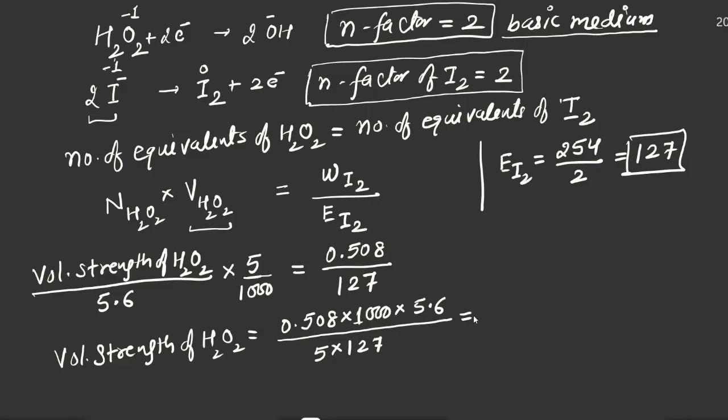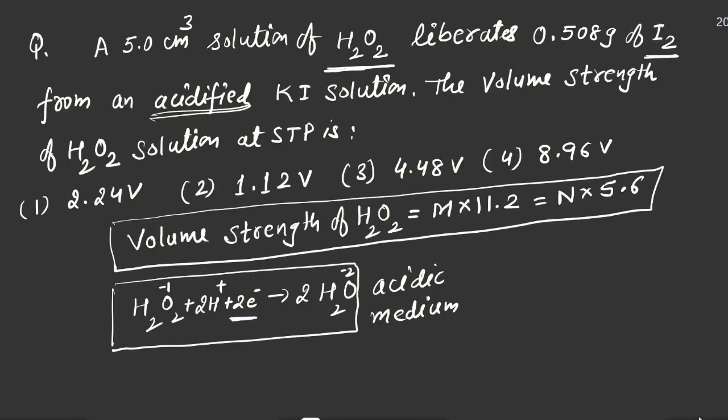So what is the answer? 4.48. So this is the volume strength of H2O2. So option 3 is correct.